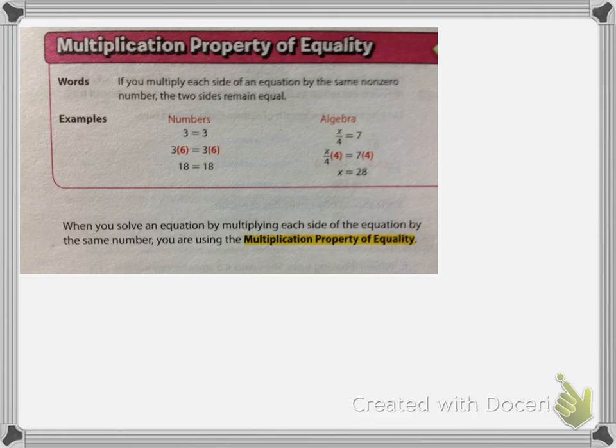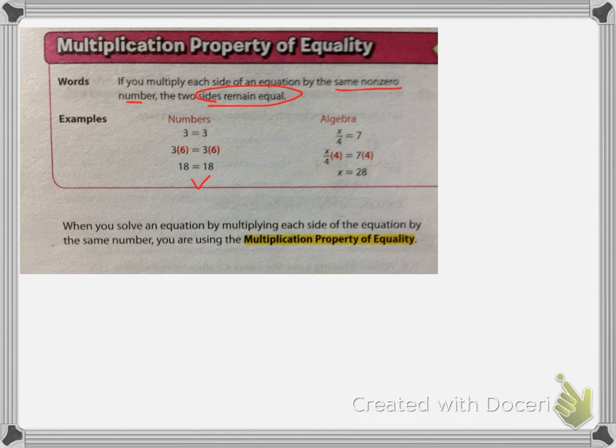So it says, if you multiply each side of an equation by the same non-zero number, the 2 sides remain equal. So the whole purpose is for this to remain equal so that you can solve for the variable and isolate it, get it by itself. So in the example, it says 3 equals 3, 3 times 6 equals 3 times 6, and 18 equals 18.